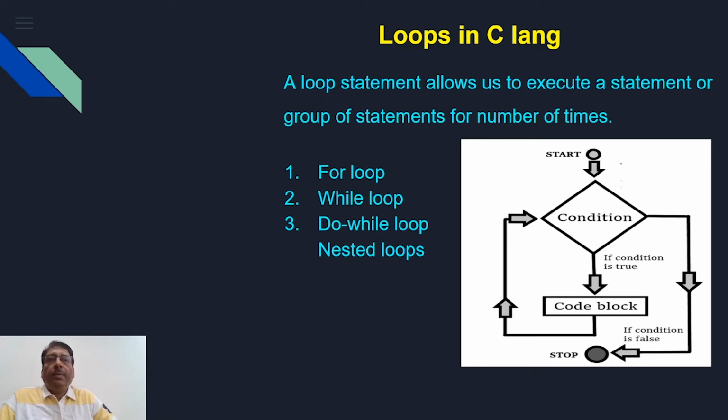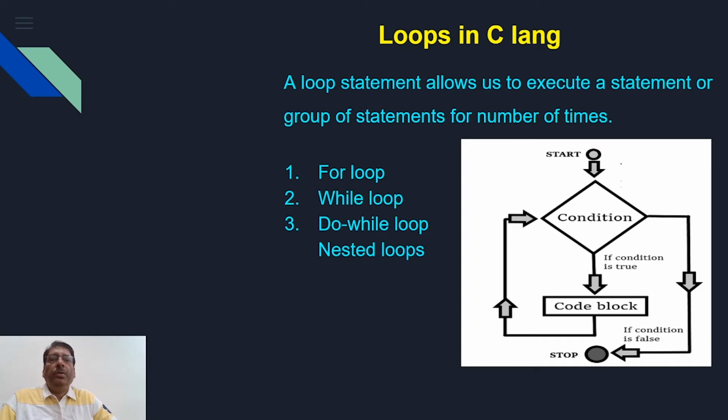Say, for example, if you want to perform a task n number of times, instead of doing it n times, we will write it only once and the loop statement takes care of it. Suppose I want to print my name along with my address 100 times, I will not write or print it 100 times.